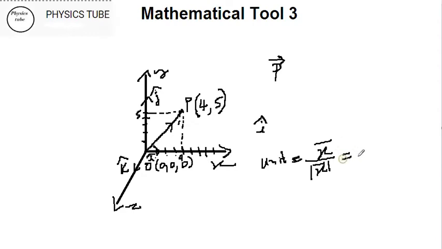So this can also be considered as i. Got my point? So similarly, you can say y bar by magnitude of y bar as j, and z bar by magnitude of z bar is considered to be k. That means the direction is the same as that of x, but magnitude is just 1.